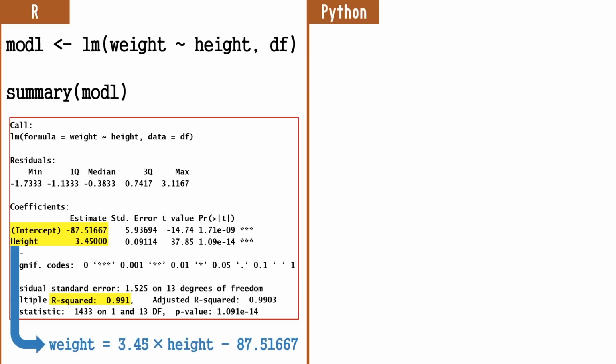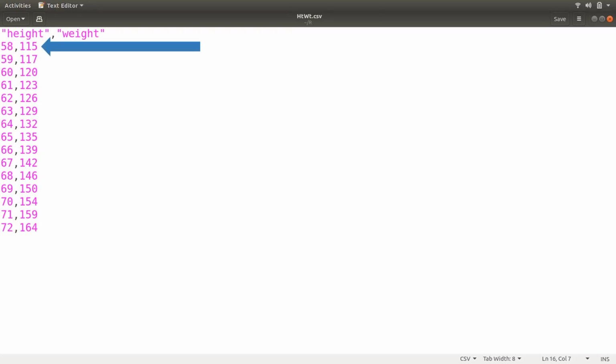You see that our equation predicts a weight as being 3.45 times the height minus an adjustment constant of 87.51667. The first observation in our CSV file has 58 inches for height and 115 pounds for weight.